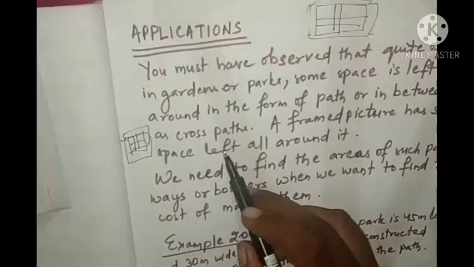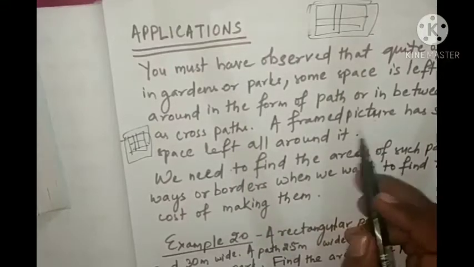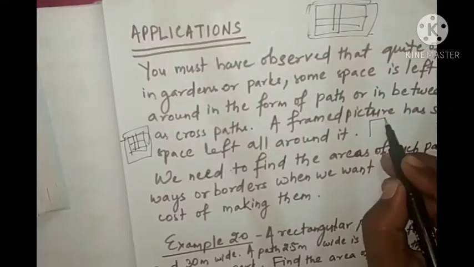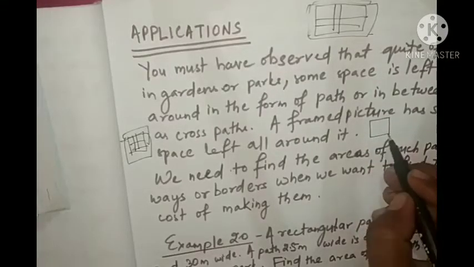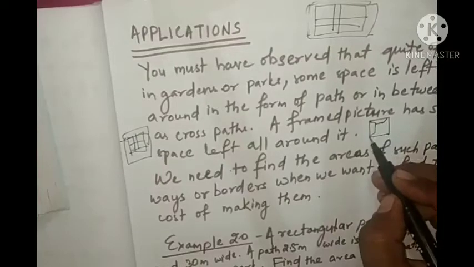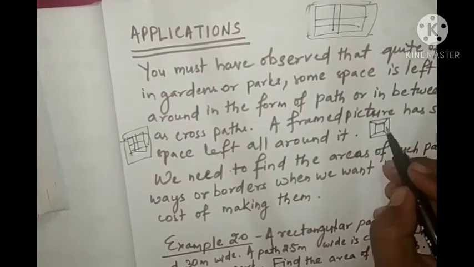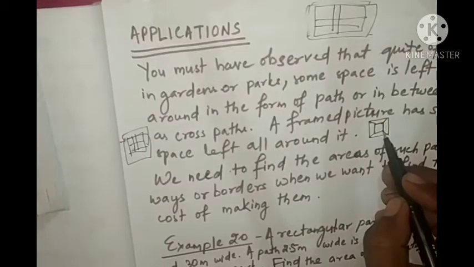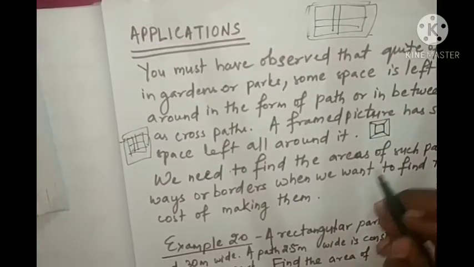So a framed picture has also some space left all around. If you will see a framed picture, there will be some space left around, and in between that the picture will be there.